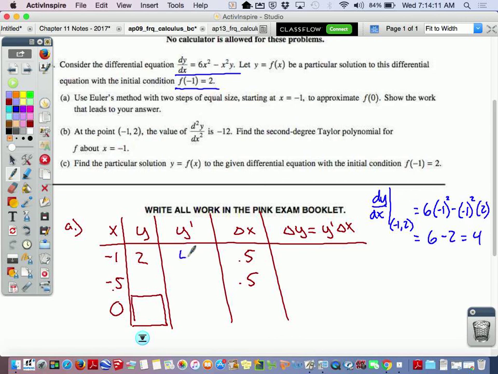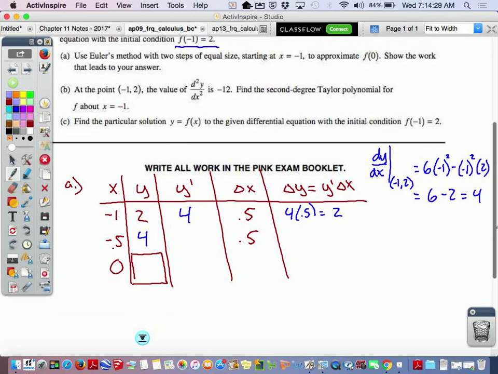So y prime is 4. Then I take that y prime, multiply it by delta x. And my delta y is 2, so now I'm going to add 2 to my previous y value to get a 4. And now I start the process over again.